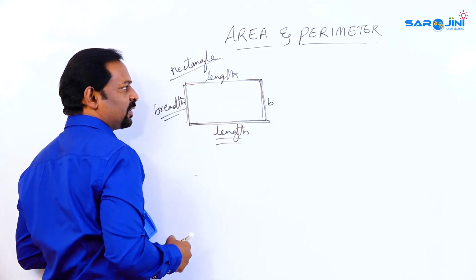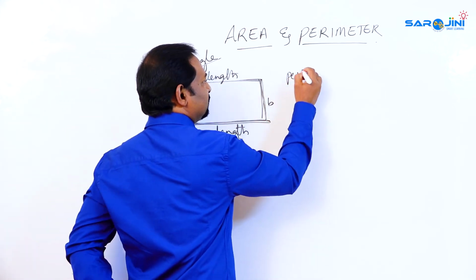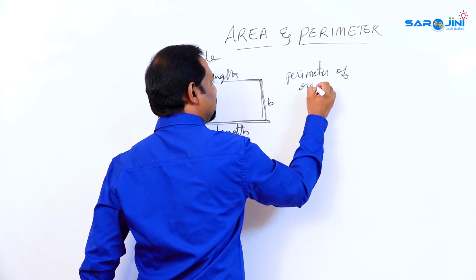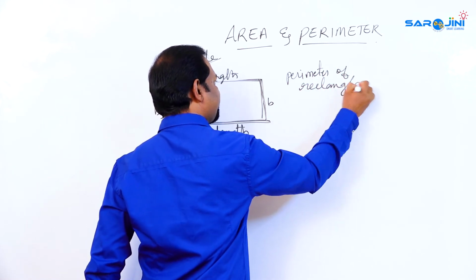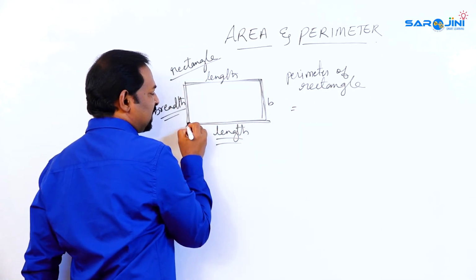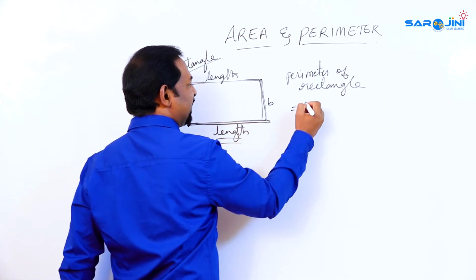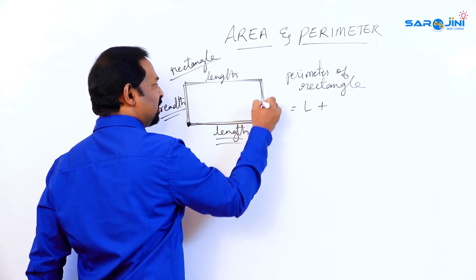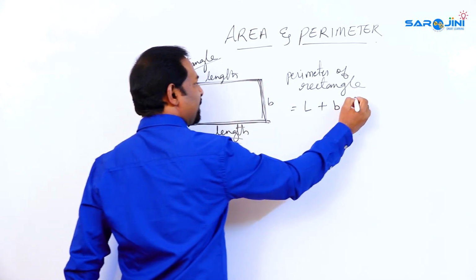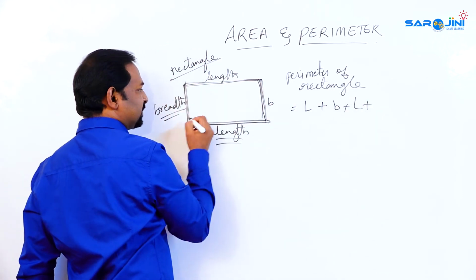The perimeter of a rectangle: we start from here, this boundary is length, plus this boundary is breadth, plus again length, plus again breadth.